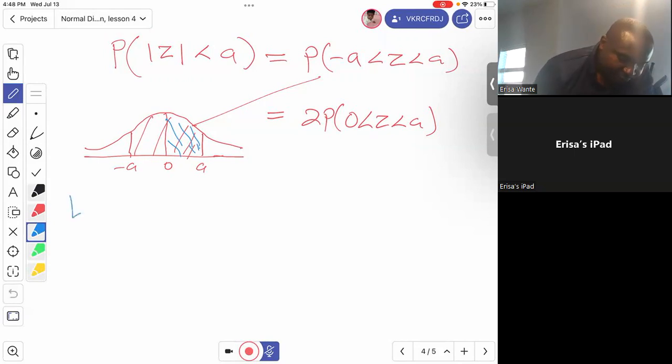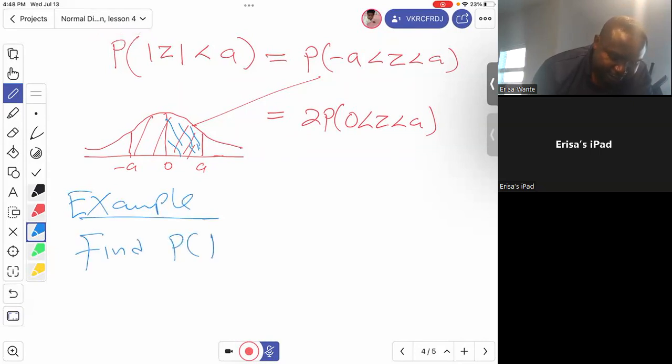So if we are to find the area, for example, find the probability that the magnitude of Z is less than 1.625, okay? That's what we want to find.